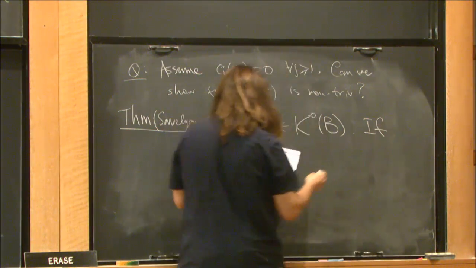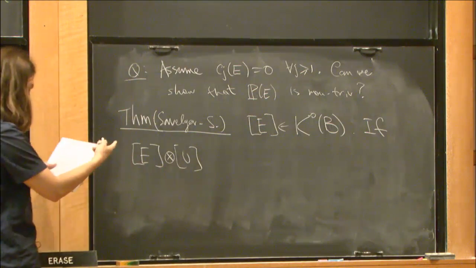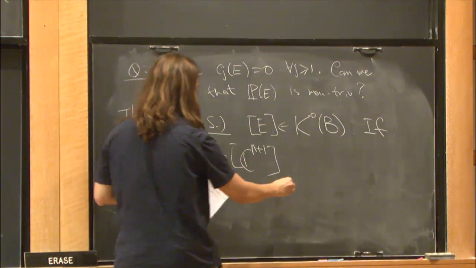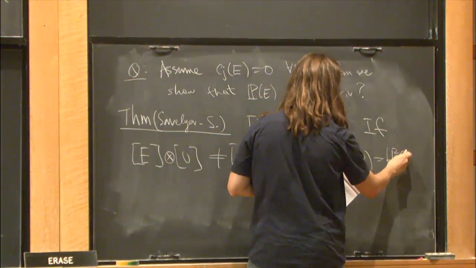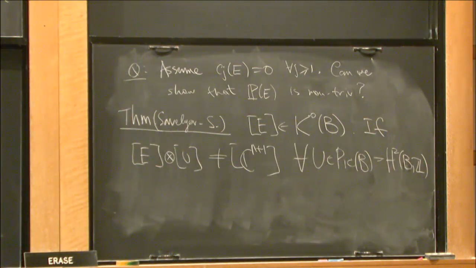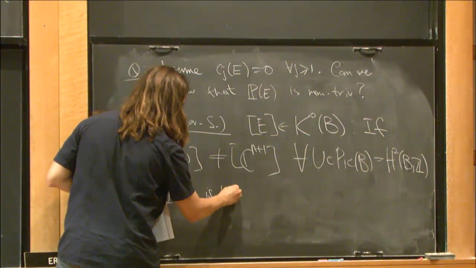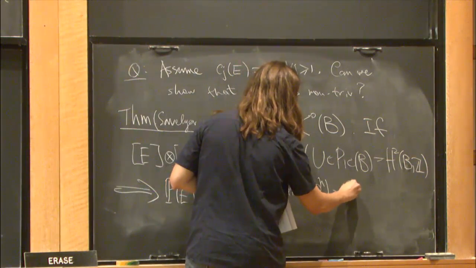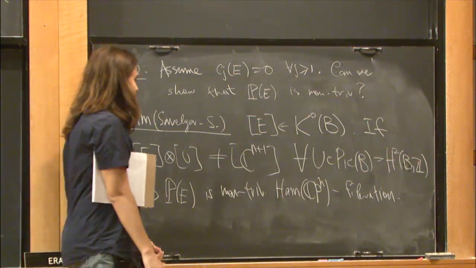If this class tensor the class of any line bundle is not a trivial class, so C plus 1, so for all U, just a complex line bundle on that, then P of E is a non-trivial Hamiltonian fibration. Okay? This is theorem number 1.